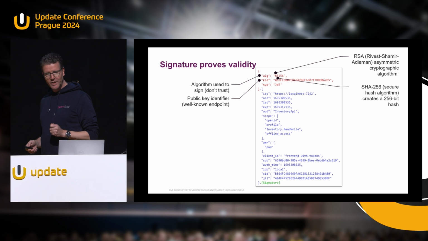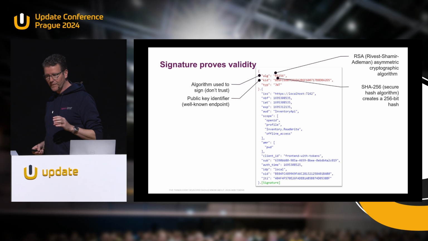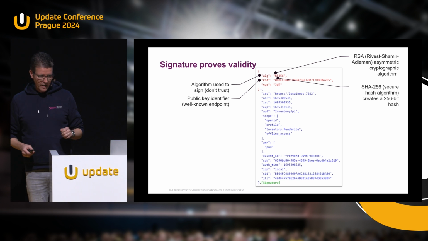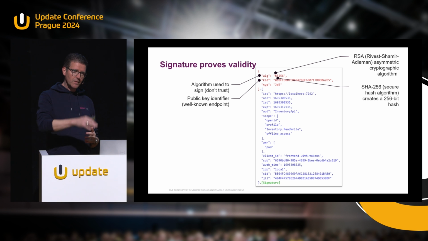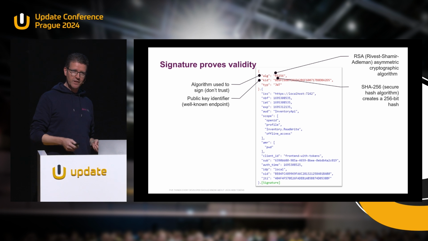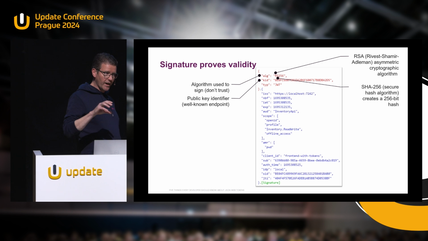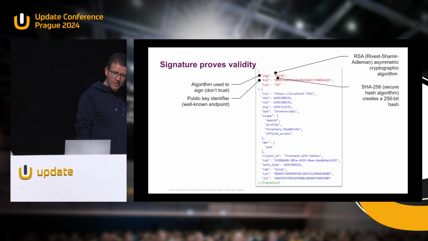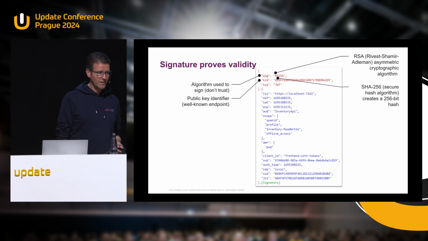So what we will do is you create a hash of the header and the payload, and you encrypt that hash using the private key on the IDP. And then you take the bytes that result from it and you paste it underneath the JWT token as the signature.